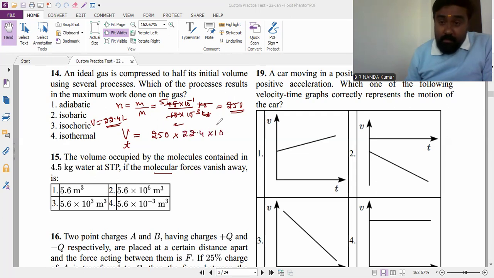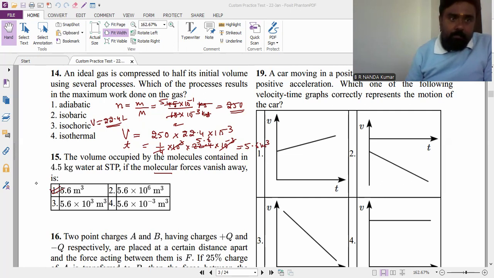A liter means 1000 centimeter cube, so 10 power 3, 10 power minus 3. Let us take 0.25, that is 1 by 4 into 10 power 3, into 22.4 into 10 power minus 3. So plus 3 minus 3 cancel, and we get 5.6 meter cube. So the right answer is the first option.